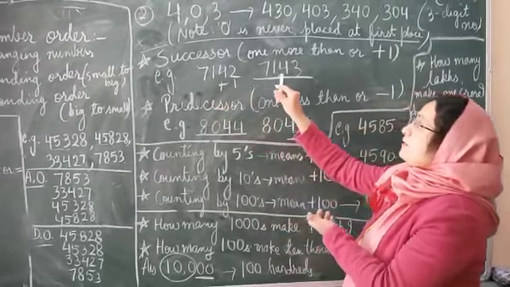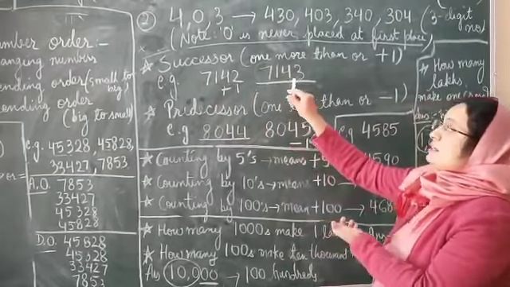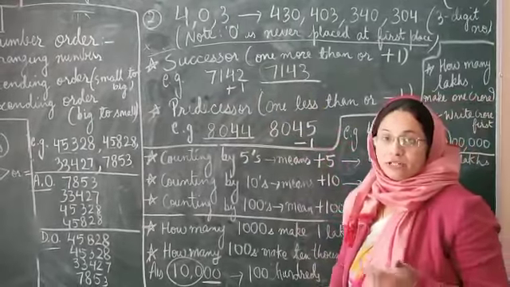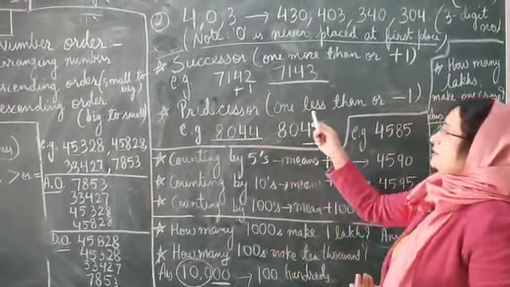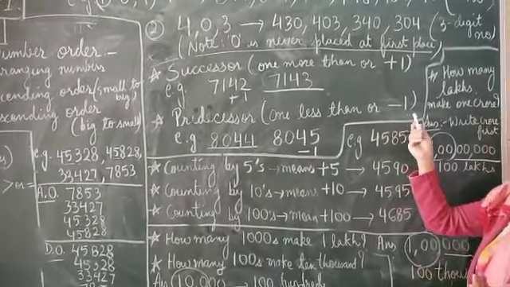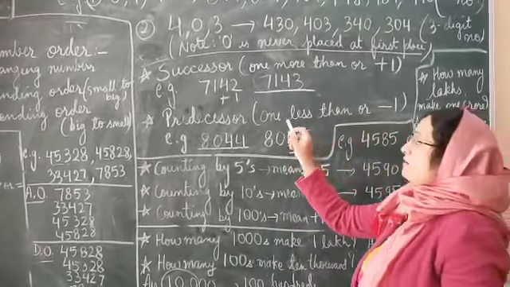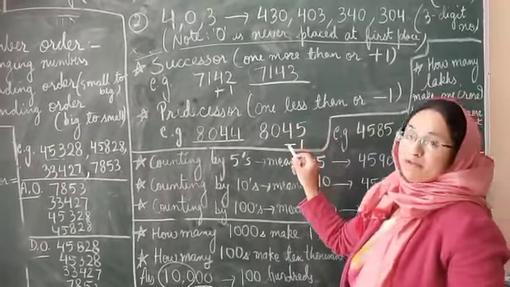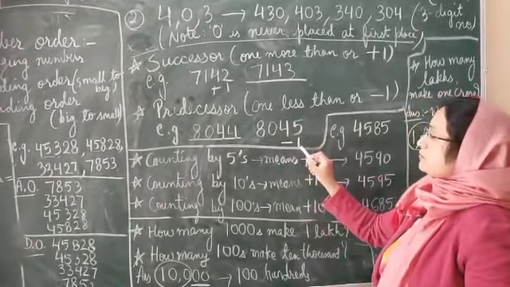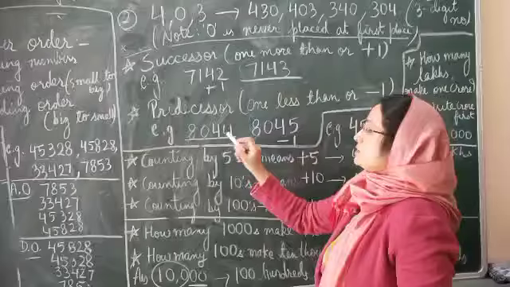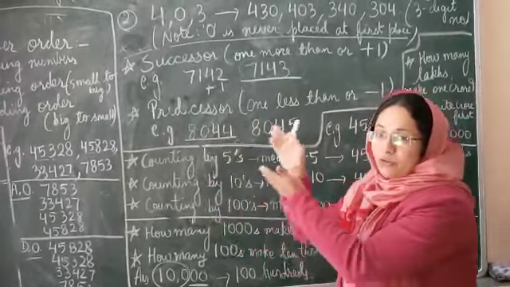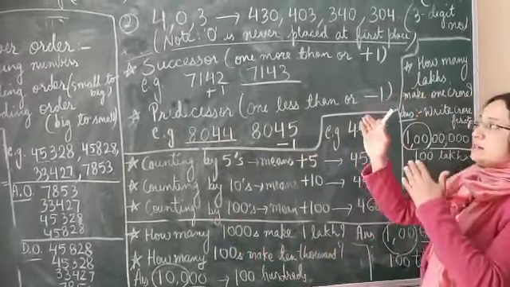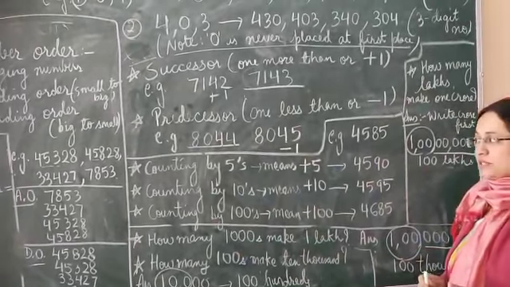If I add 1 to it, I will get a successor of this number, that is 7143. Now predecessor is 1 less than, that is minus 1. For example, if I have a number like 8045, and if I subtract 1 from here, I get 8044, which is a predecessor of this number. So this is the concept of successor and predecessor.